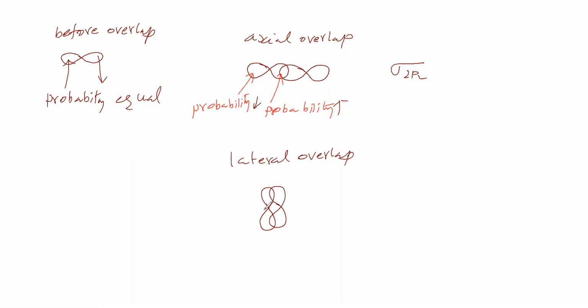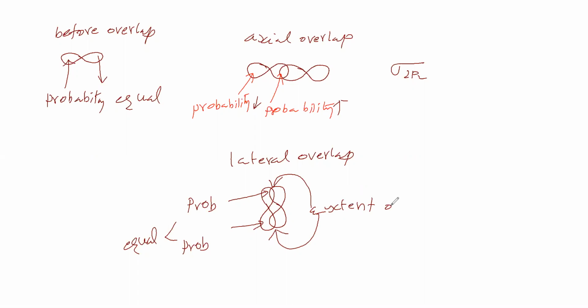In this overlapping, how will the probability be in this lobe and in this lobe? Here the probability will be equal, because it is sideways overlap. Both lobes undergo overlapping, and you also have to understand the extent of overlapping, above and below.